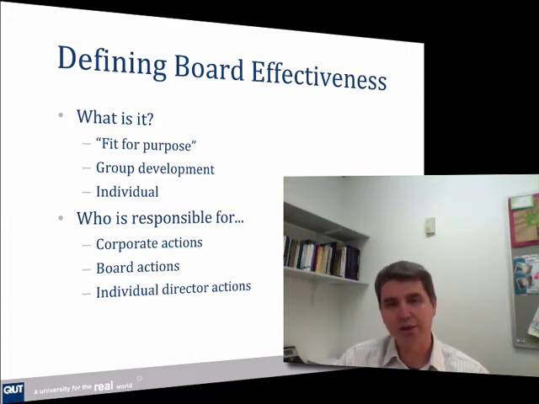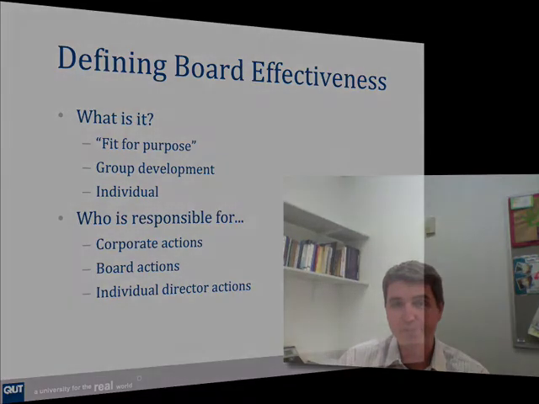Of course, these areas overlap, but when we say we've got an effective board, or perhaps even more importantly, an ineffective board, we really need to discern and think about what we're talking about in terms of ineffectiveness. Is it ineffectiveness of role execution, ineffectiveness of group dynamics, or ineffectiveness of an individual that's causing these problems?